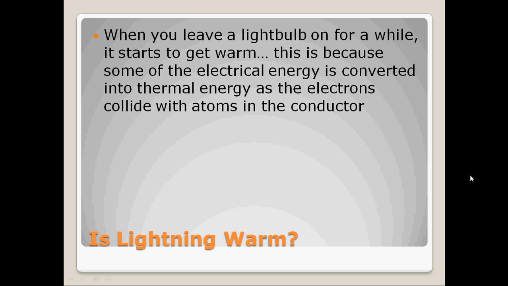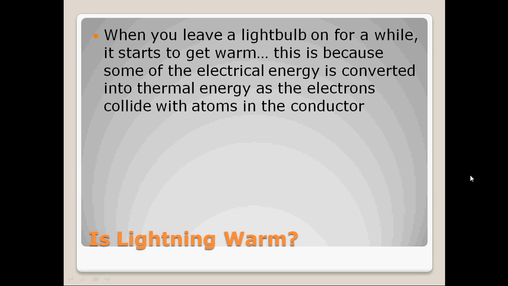The reason that we end up with a situation where we started with electrical energy and somehow ended up with thermal energy is that some of our electrical energy ends up converting into that thermal energy because our electrons are trying to move through due to that electrical energy.